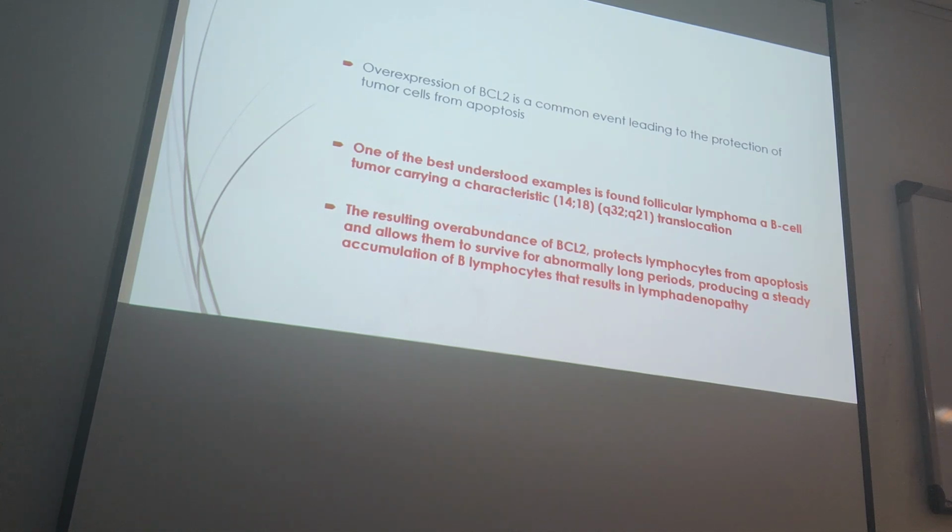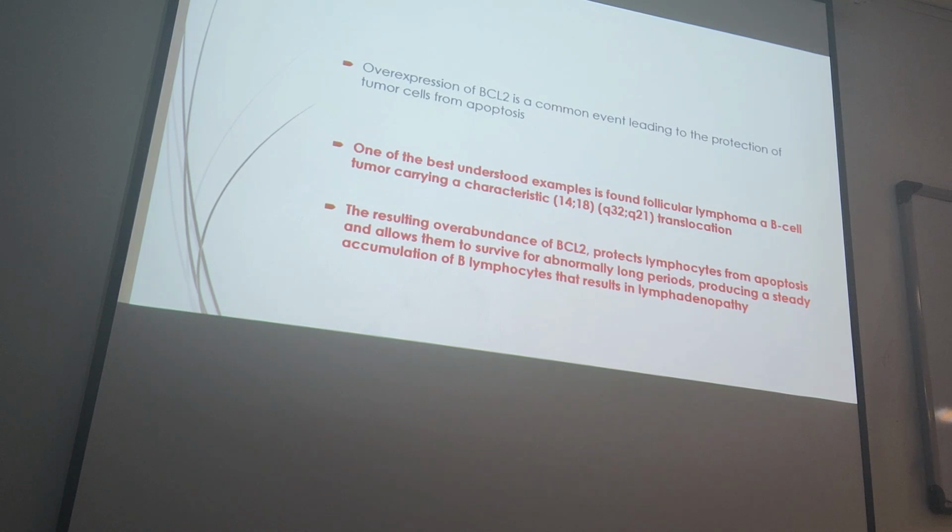For example, for many years, maybe the patient has some lymphadenopathy. Lymphadenopathy is enlargement of lymph nodes in any part of the body, okay? Some patients have lymphadenopathy for many years, and they can behave very well and indolent. One of the best understood examples is follicular lymphoma.